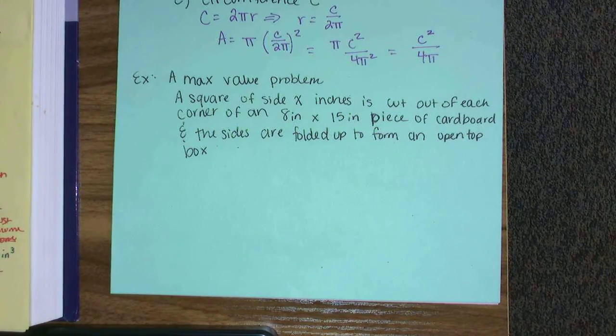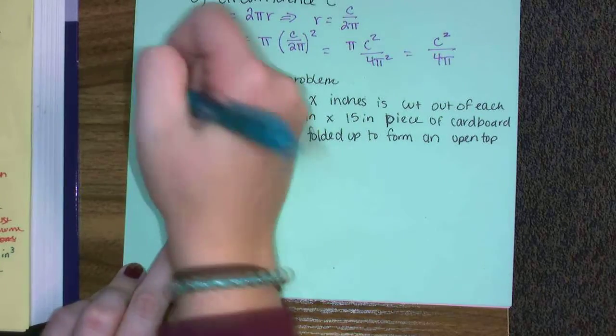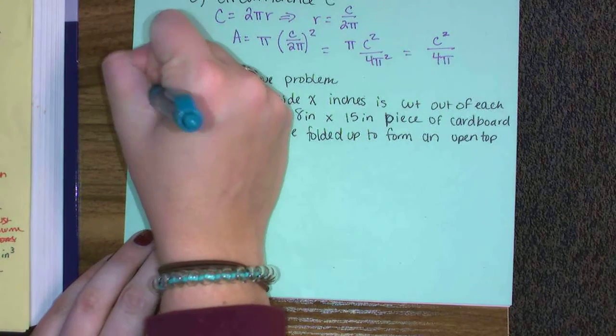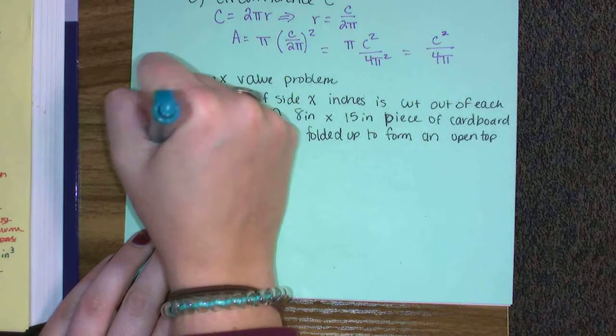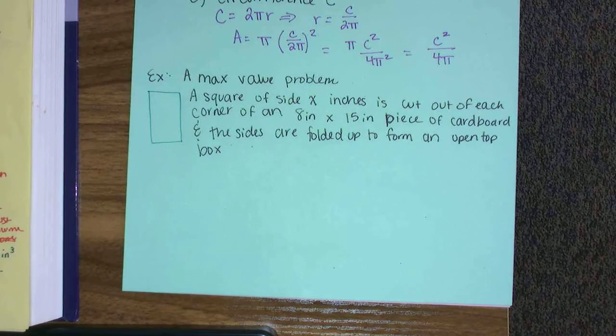Okay, so I'll draw out for you what this looks like. I'm going to draw it over here. Okay, so basically we're given an 8 by 15-inch piece of cardboard. This is not really proportional, but basically a piece of cardboard.